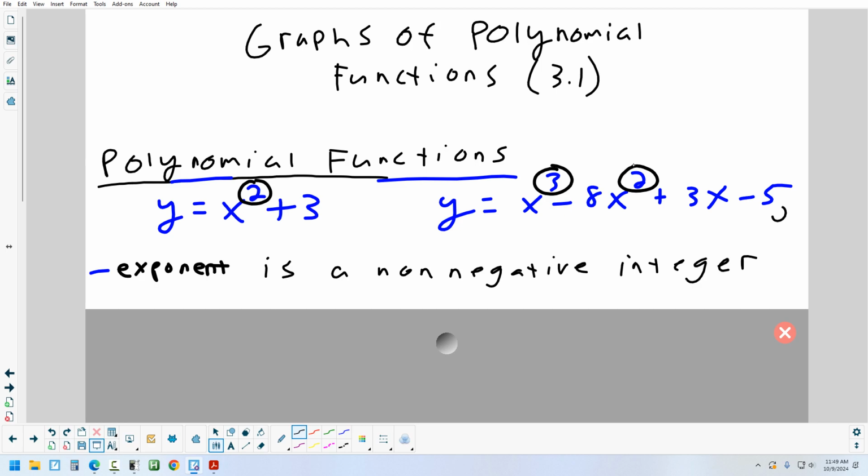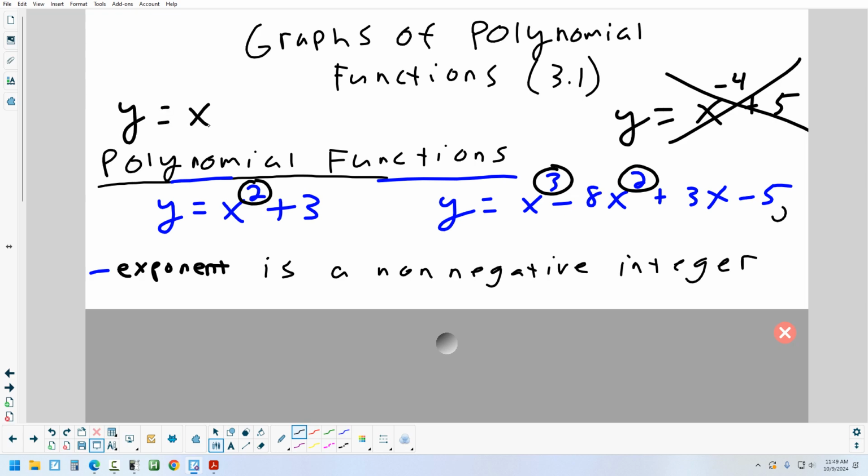This is not a polynomial. No, that has a negative exponent. Something like y equals x to the 3.5 minus 4, no. Not a polynomial because it has a decimal exponent. So no decimals and no negatives for the exponents on the variables.